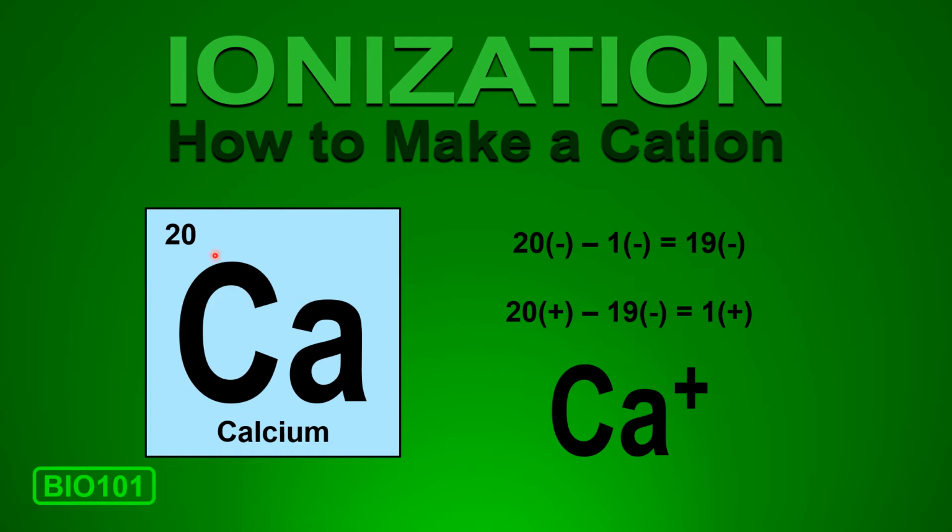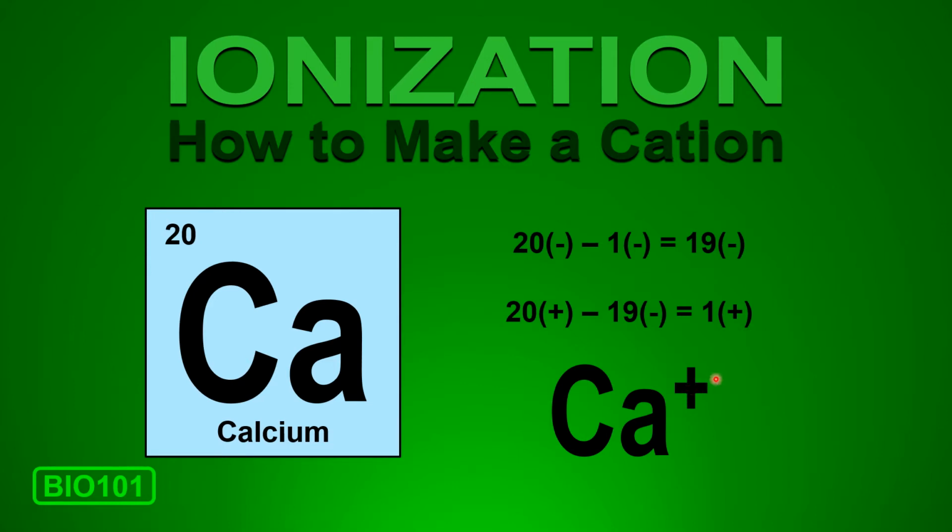And then we're going to take our 20 protons with a little positive charge. We're going to subtract the number of electrons, 19 there. And that gives us 20 minus 19 is 1 net positive charge. And we denote that by writing the chemical symbol Ca, and on the right side, superscript, the little plus sign.